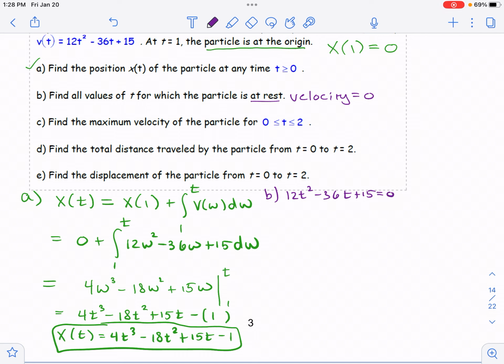I can factor out a 3, so I get 3 times 4t squared minus 12t plus 5. With a little bit of guessing and checking and factoring, I think you'll get 2t minus 5 times 2t minus 1. That should work. So that tells us that t is equal to 1/2 and 5/2.